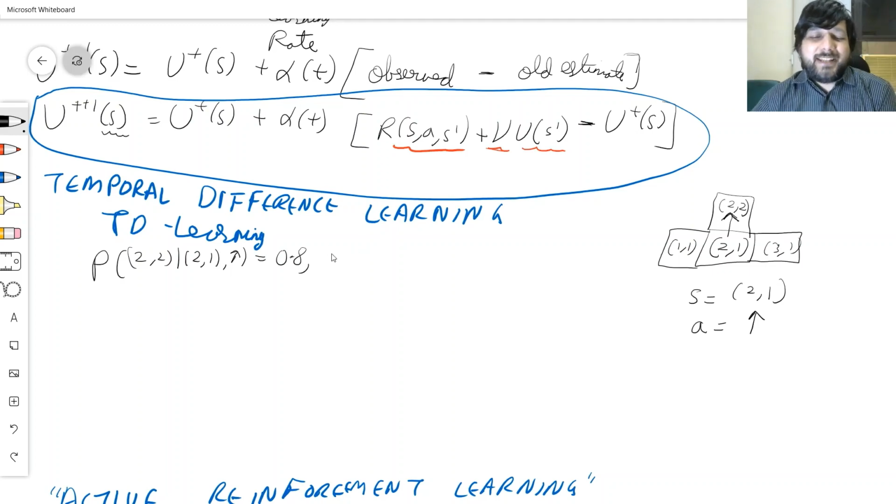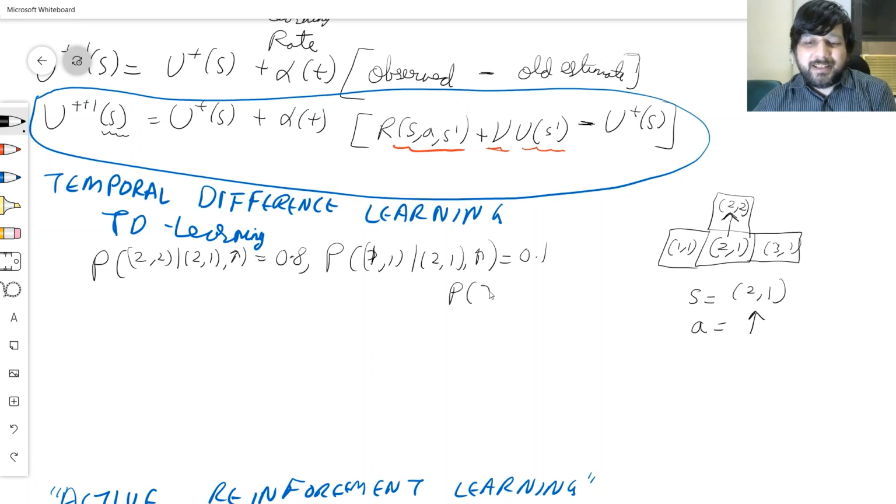The algorithm doesn't know that, God knows it. Similarly, 1,1 is 0.1. I don't know it, God knows it. And 3,1 is 0.1. I don't know it, God knows it. So out of everything that I observe, I streamline to only S equal to 2,1 and A equal to up. Let's write down these equations again.